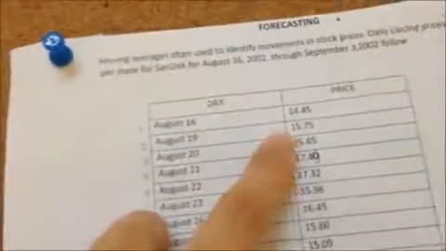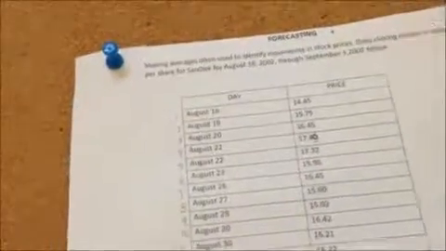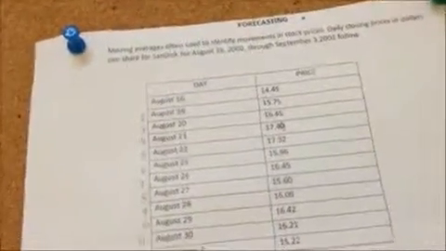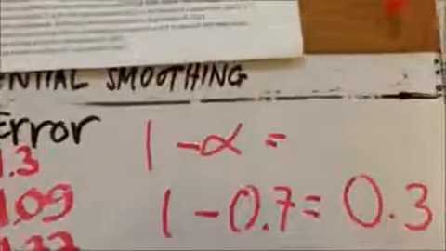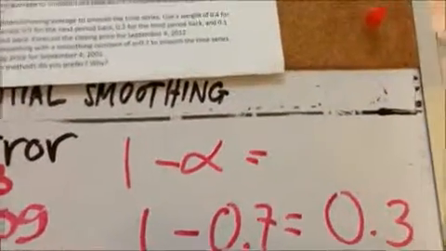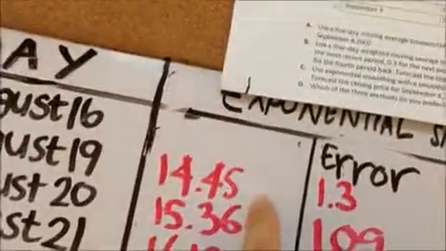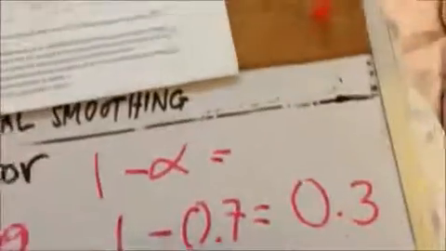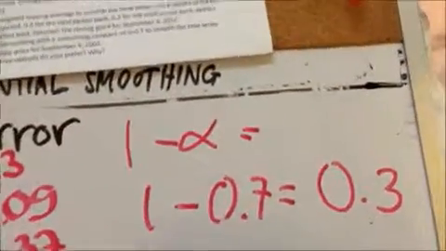And then, we are going to get the second data, 15.75. We are going to multiply it by 0.7. And then, we are going to get the 14.45, multiply it by 0.3.